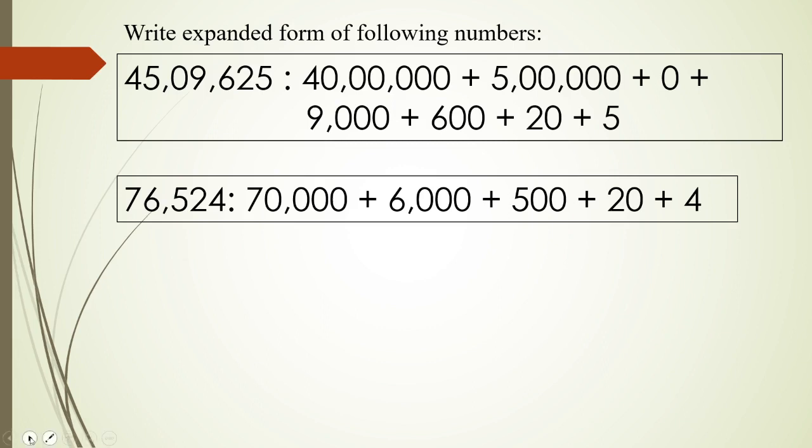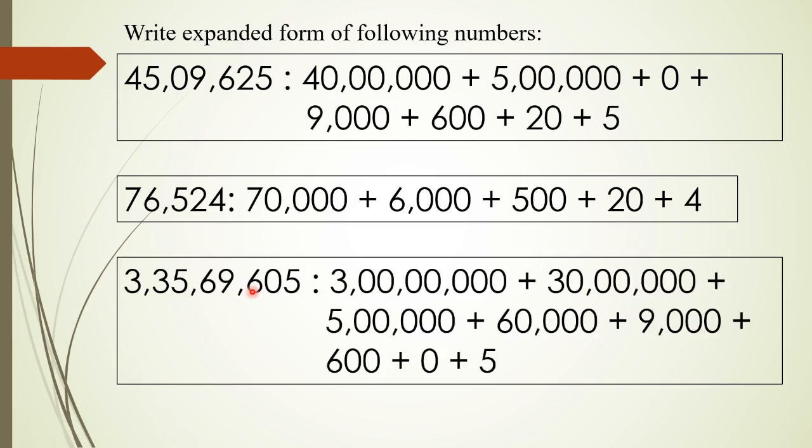Now ones, tens, 100, thousand, 10,000, lakh, 10 lakh, and then crore. That means 3 crore 35 lakh 69,605. This is the number. So let's check, is it correct or not.